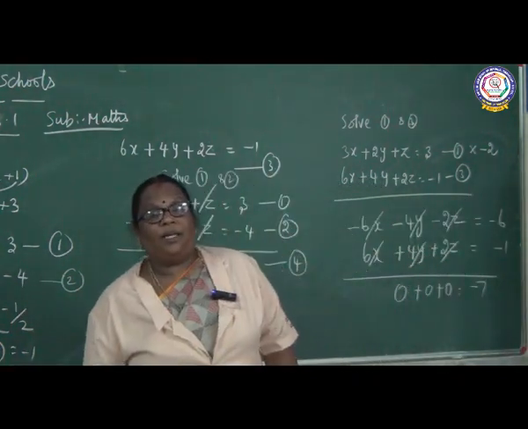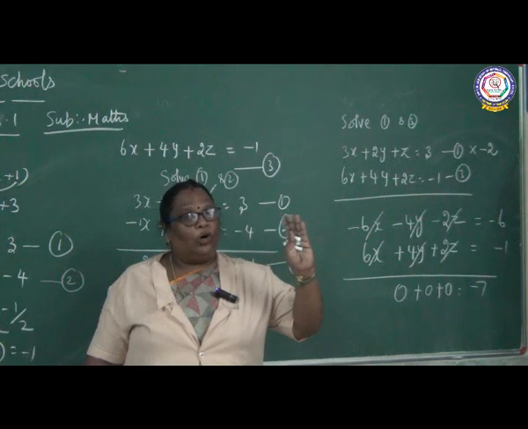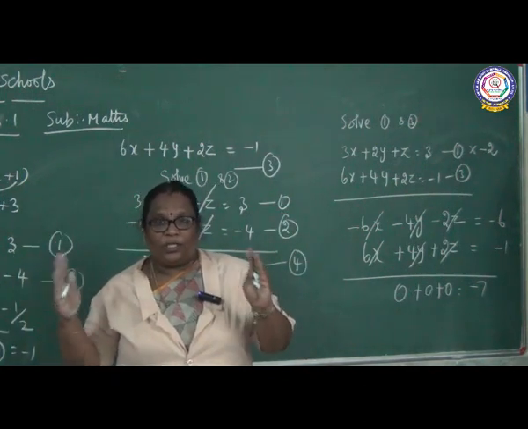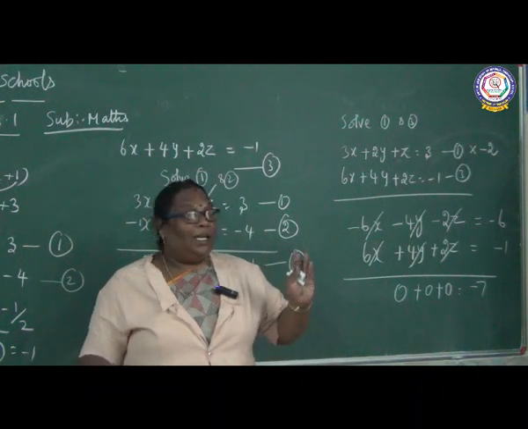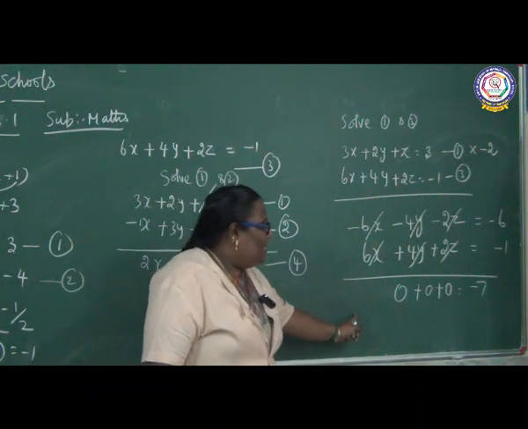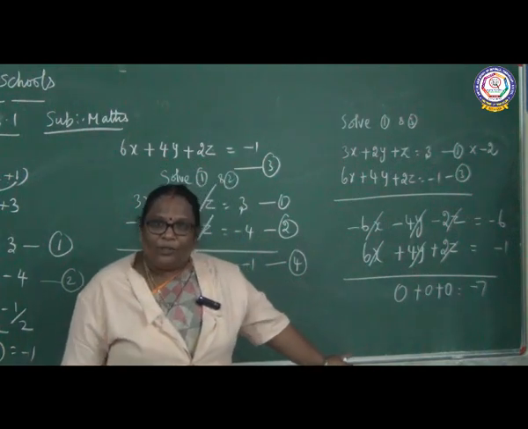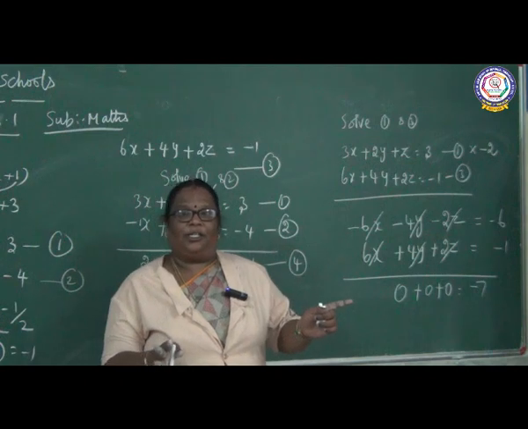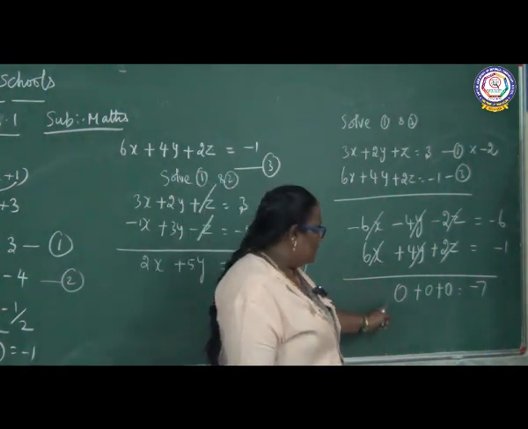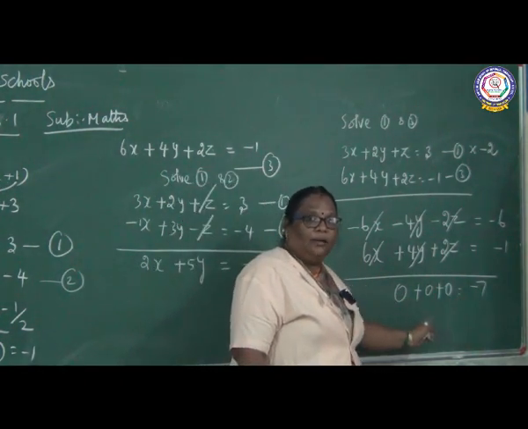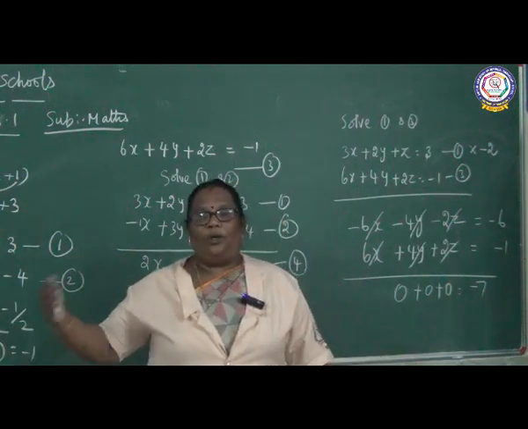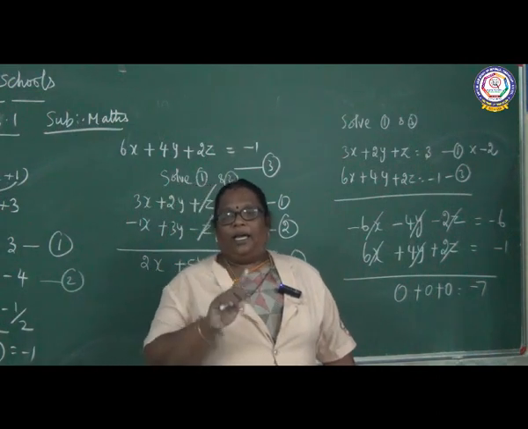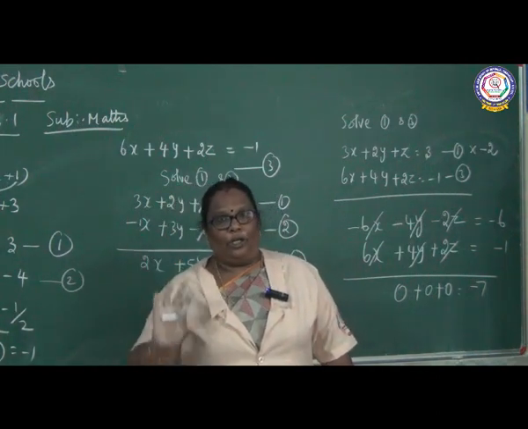In the previous sum, both the constant value and the x, y, z values were 0, that is, 0 equal to 0, so that system of equations had an infinite number of solutions.